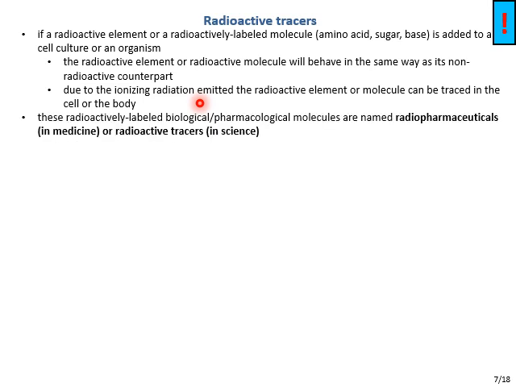The radioactively labeled biological or pharmacologically important molecules are named radiopharmaceuticals if they are applied in medicine, and if they are applied in biological research, then they are usually called radioactive tracers.